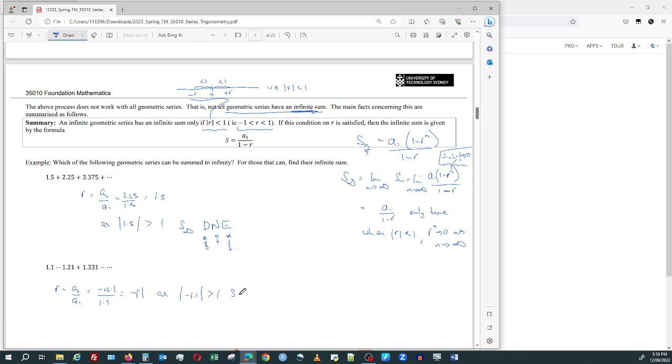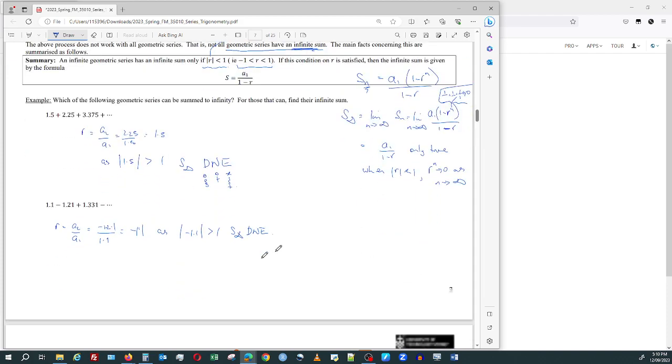So again, the sum to infinity does not exist. Okay, it does not exist. So we can use this property to test whether or not an infinite series has a limit by looking at r. So that's very useful information.